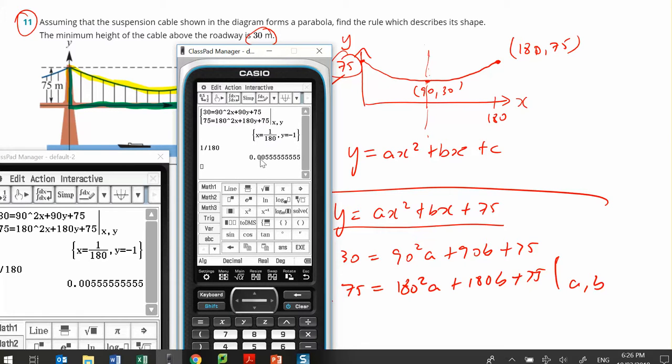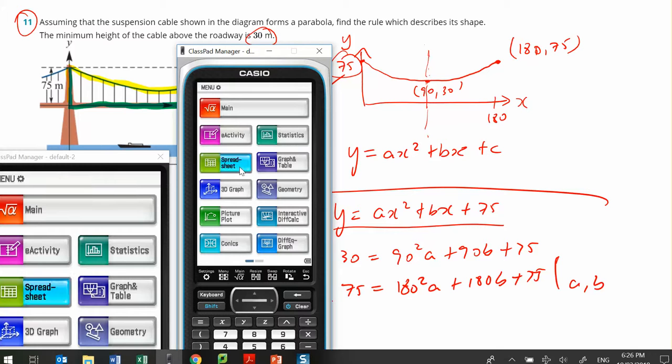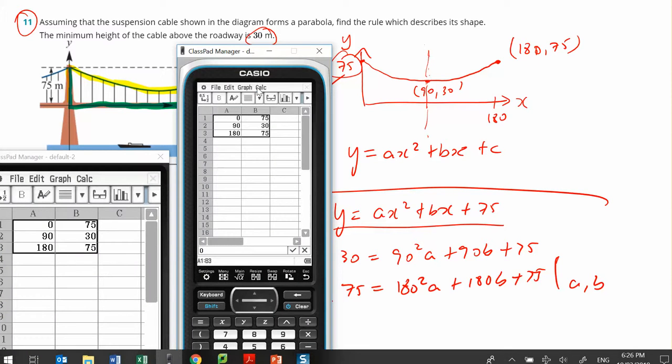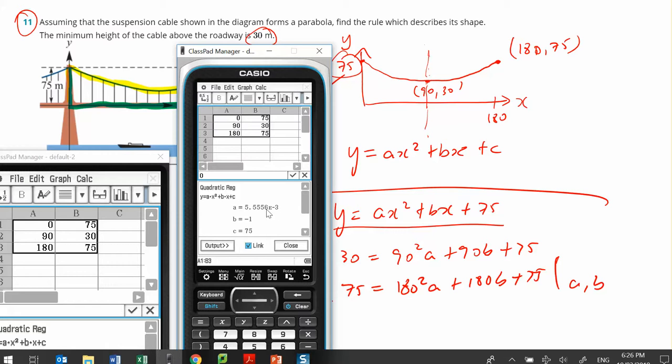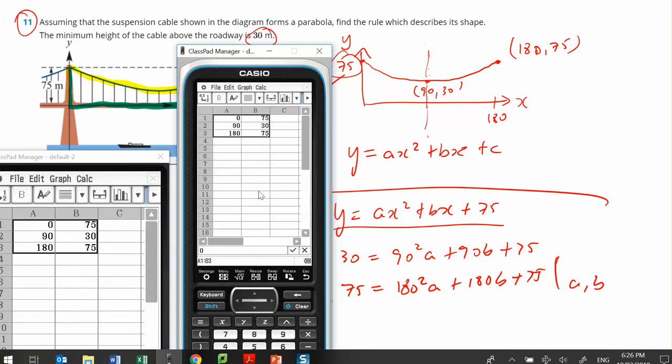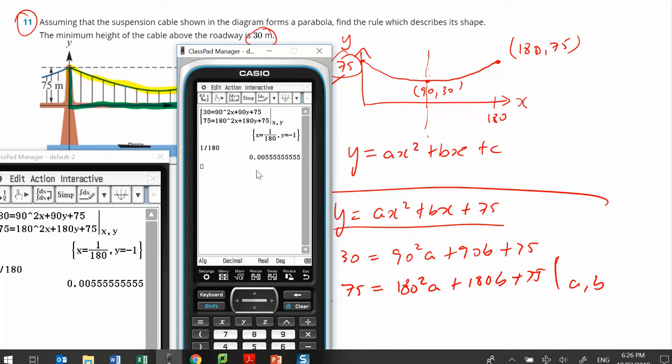You can see it's 0.005555 going on forever, but we didn't know that because the calculator cut it short. So the regression gives you that value, exactly the same as 0.0055555555, but we needed to use the main screen to get the exact answer.